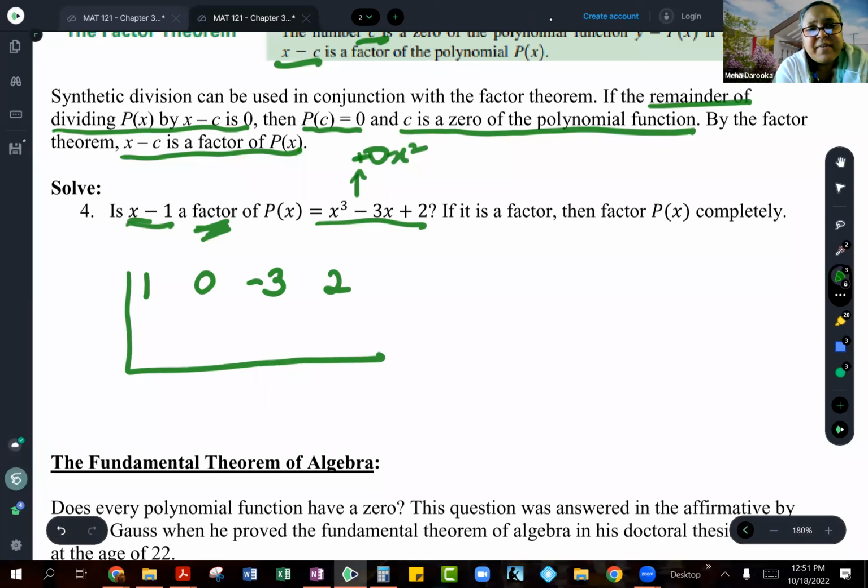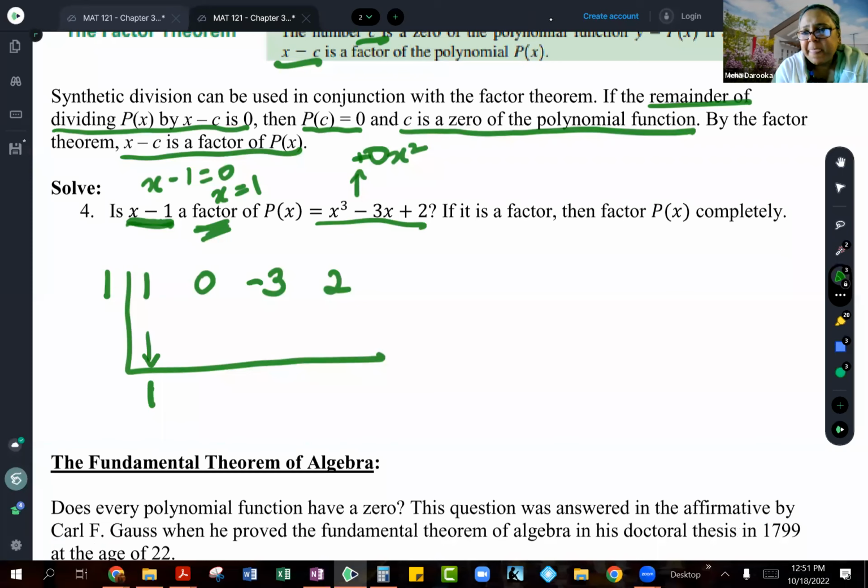We want to know if x minus 1 is a factor, so set that equal to 0, and you get x equals 1, so you're dividing by 1. Bring that first number down as it is without any calculation. Then we multiply: 1 times 1 is 1. You add 0 and 1 together, bring that down, and you keep repeating that.